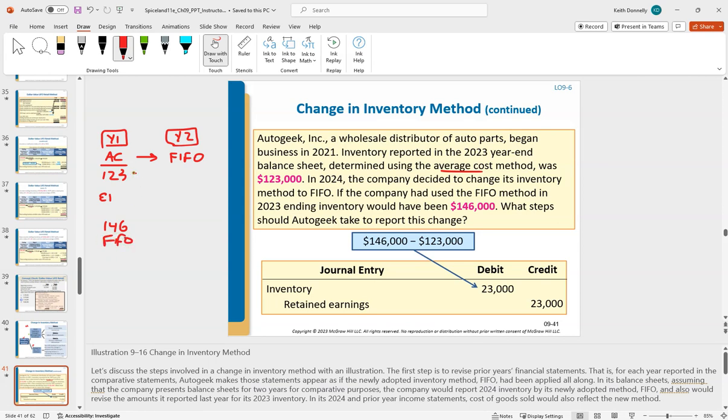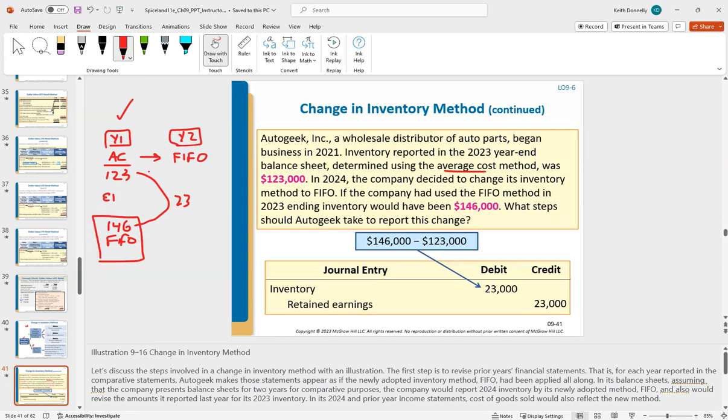So you can see there's a difference there, a $23,000 difference. We needed bigger inventory. Because we're changing to something other than LIFO, we'll go back and restate that year as if we used FIFO. To get us where we need to be, we'll do a journal entry to increase our inventory and decrease our retained earnings.